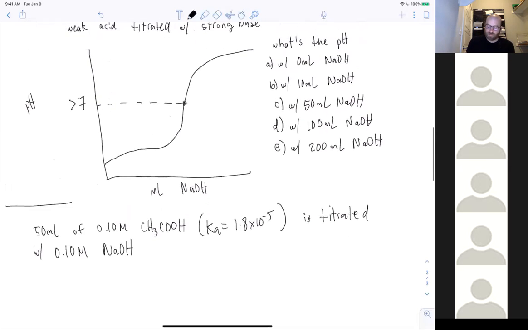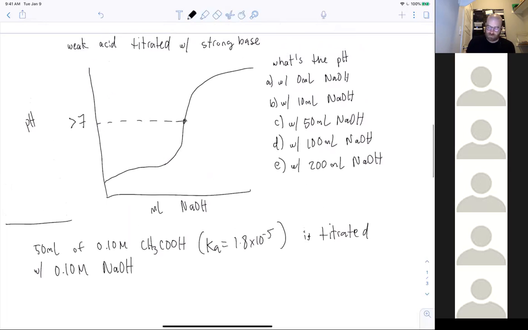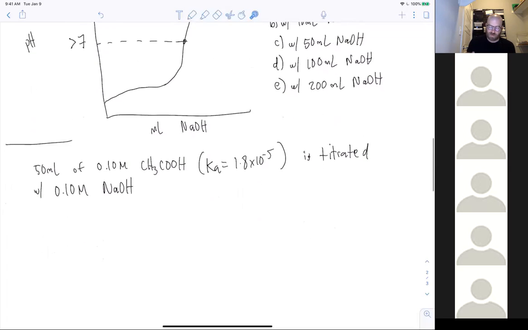If we're on this pH curve at the point where we haven't added any sodium hydroxide, all you really have is just a weak acid problem. So it's 0 milliliters of sodium hydroxide.